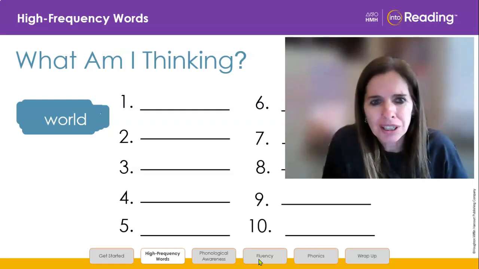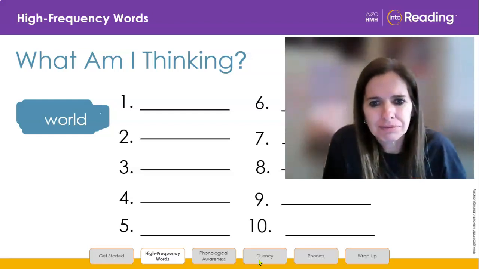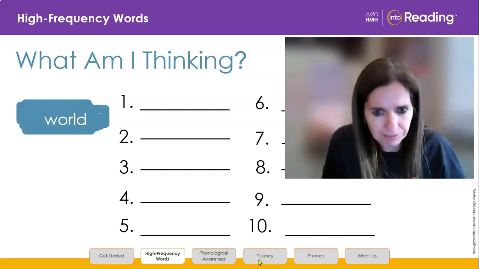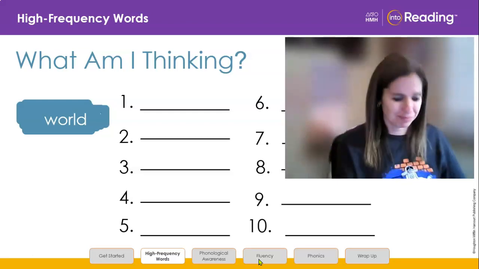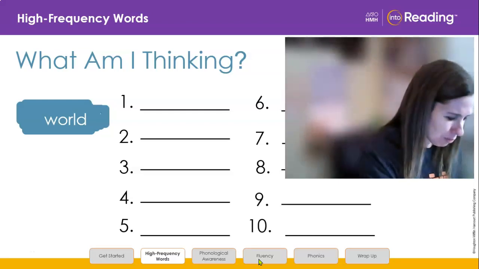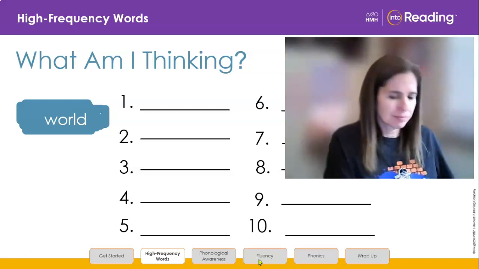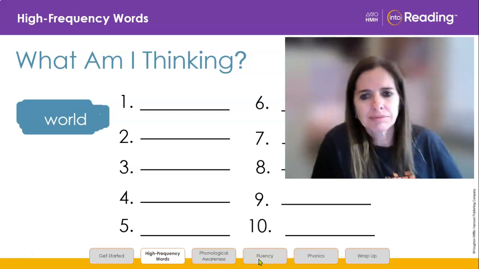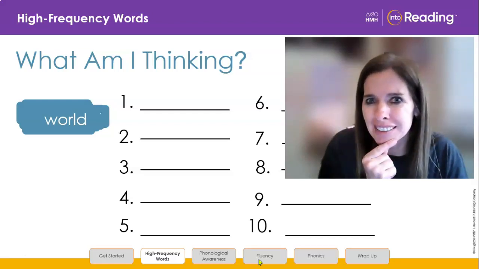I'm thinking of a word that has 3 letters, it ends with the letter Y, and it has 1 syllable. As soon as you know it, write it next to number 4. What word am I thinking for number 4?